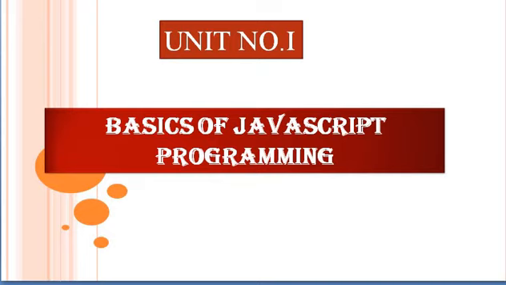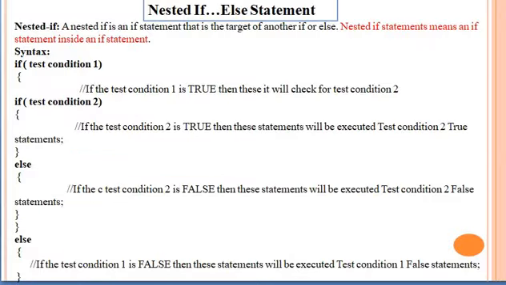First of all, nested if statement. When multiple conditions are introduced in a particular sequence, we may use a nested if statement. An if statement that is the target of another if or else is called a nested if statement.